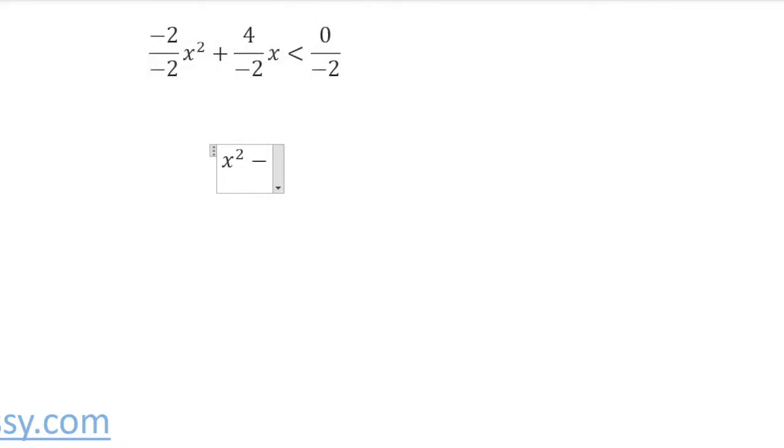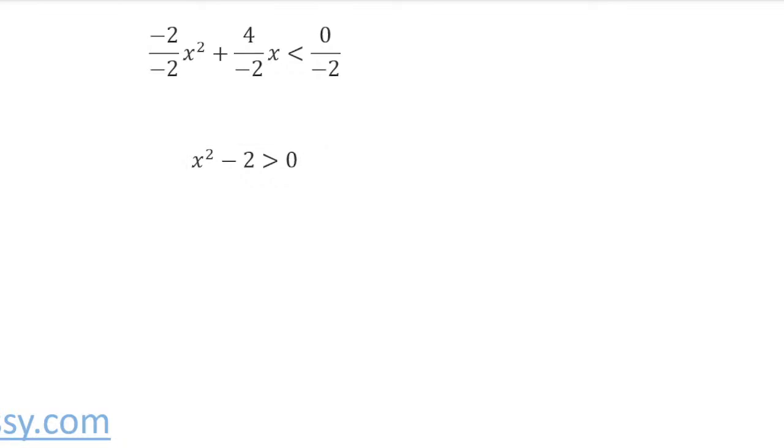Then 4 divided by 2 is 2. Then remember, when we're dealing with inequalities, once you divide by a negative number or you multiply by a negative number, the sign of the inequality changes. So in this case, the inequality was less than 0. So now we have to change it. It's going to be greater than 0.